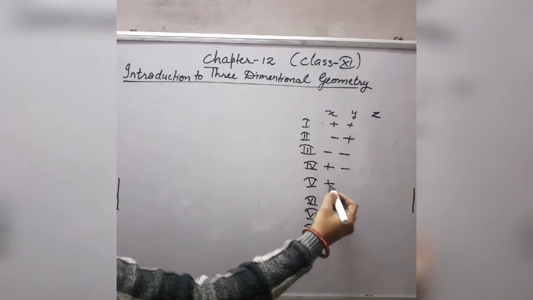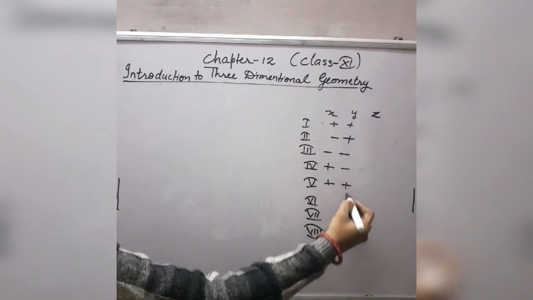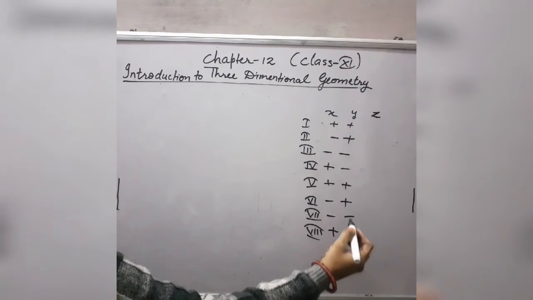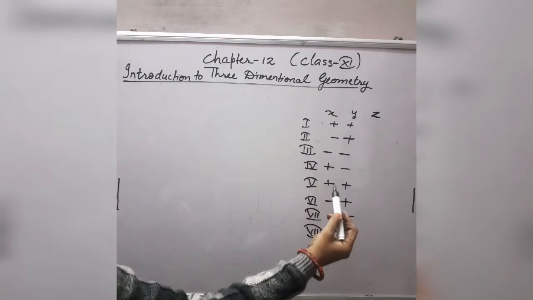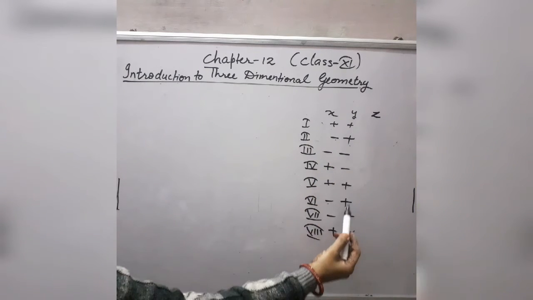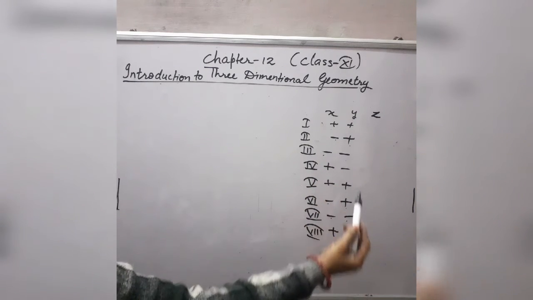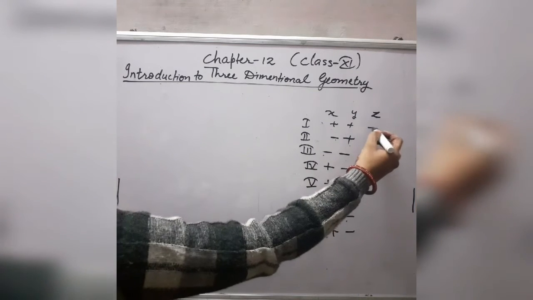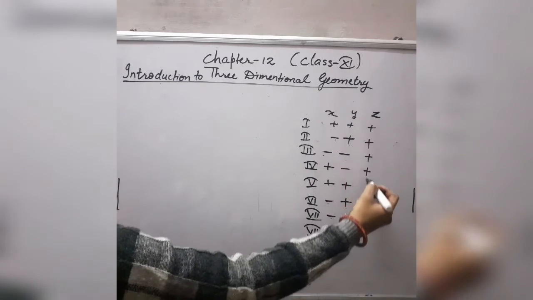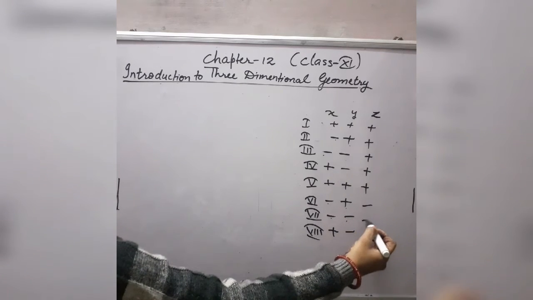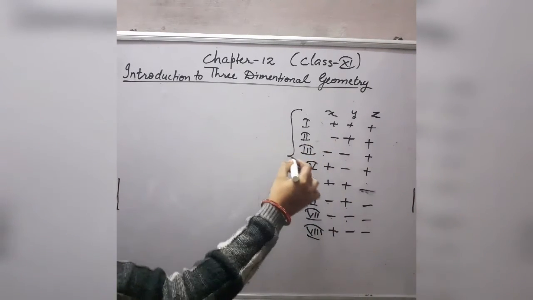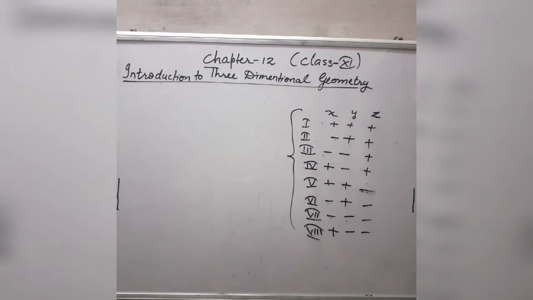Repeat these same signs again for the 5th to 8th octants. This is plus plus, plus minus, then minus plus, minus minus, then again plus plus, minus plus, minus minus and plus minus. Now in the first 4 octants z will be positive, and in the next 4 octants z will be negative. So these are the signs of x, y and z variables in the 1st to 8th octants.